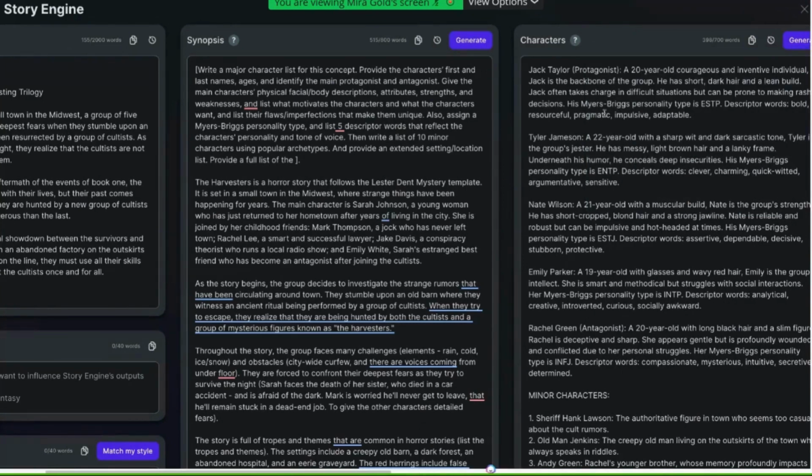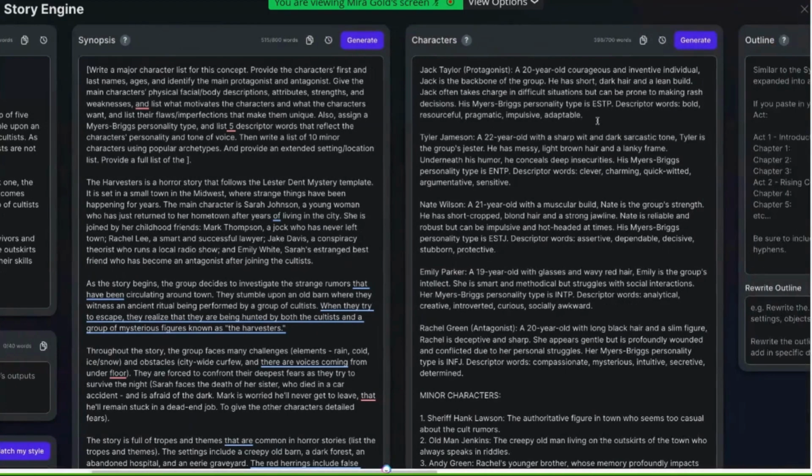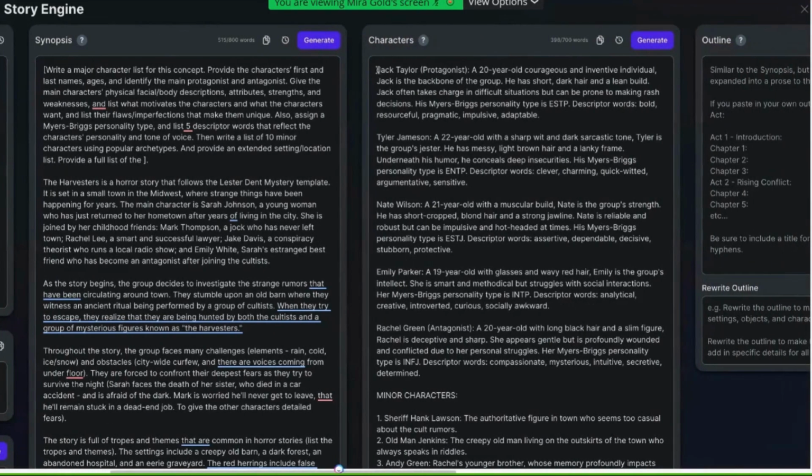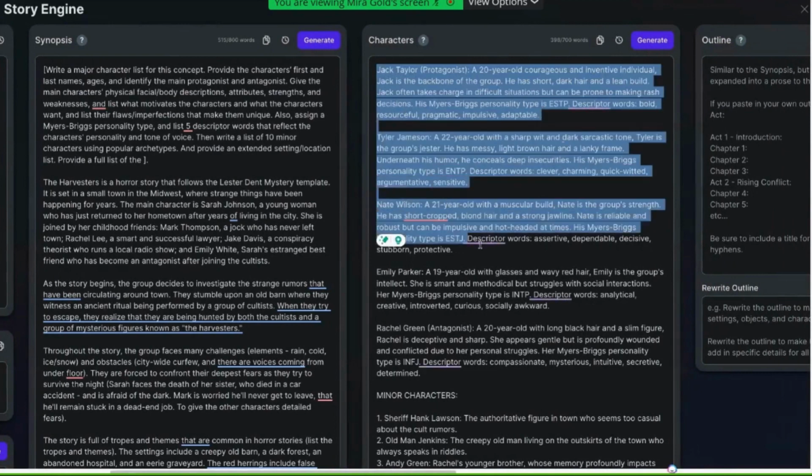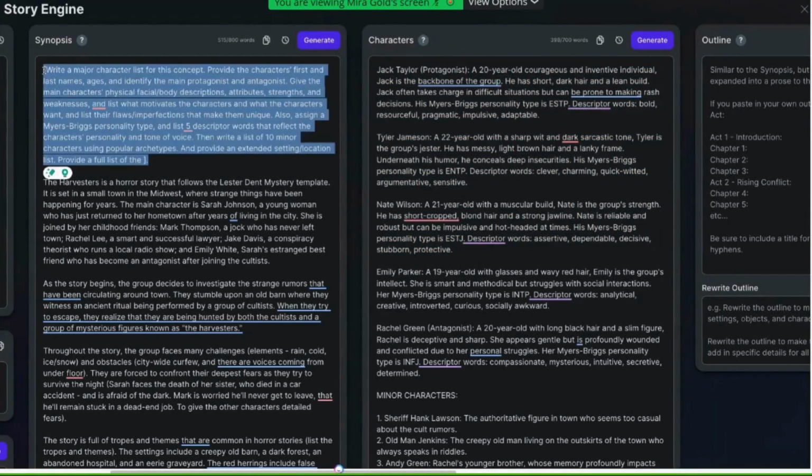So I'm going to go ahead and generate the character list, but before we do, see how detailed these are? This is from a prior generation. Do you see this prompt right here under synopsis, to write a major character list for this concept?